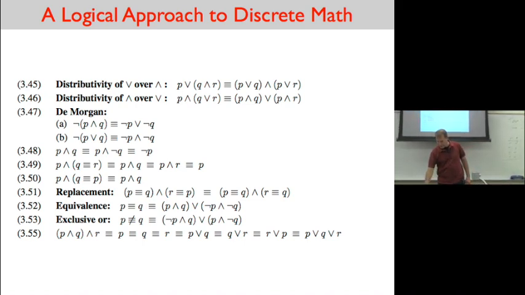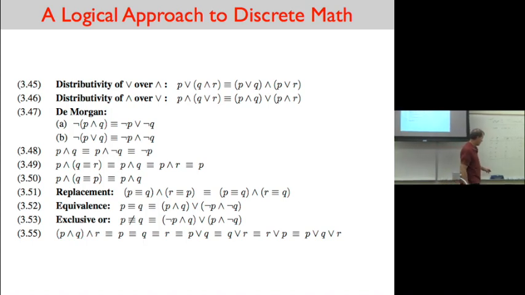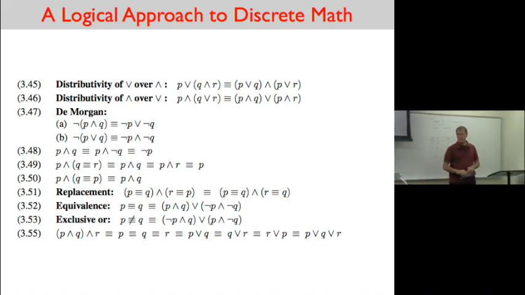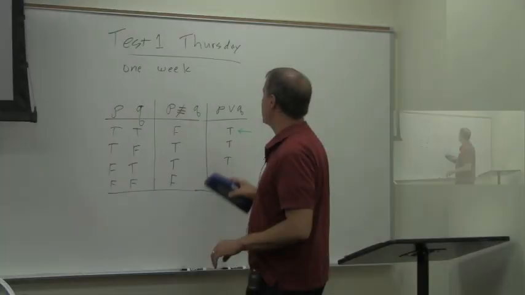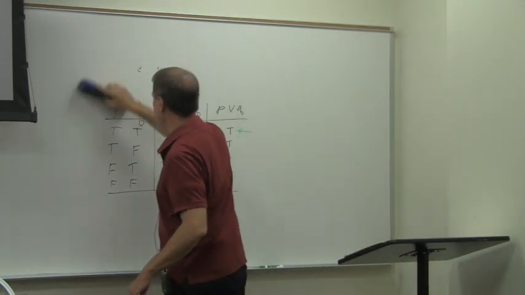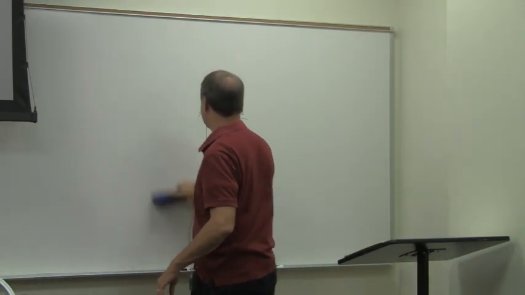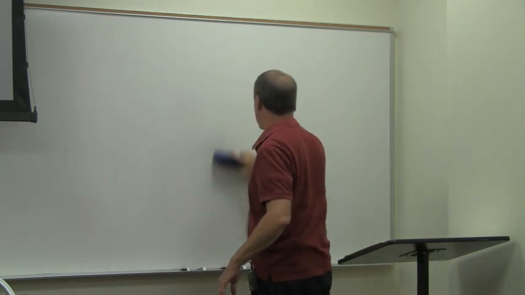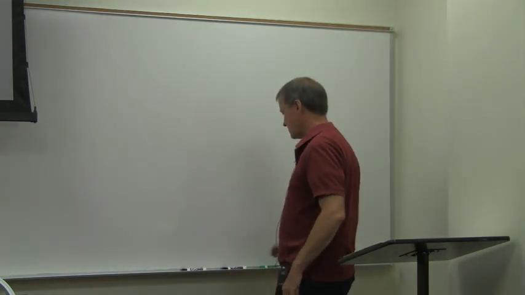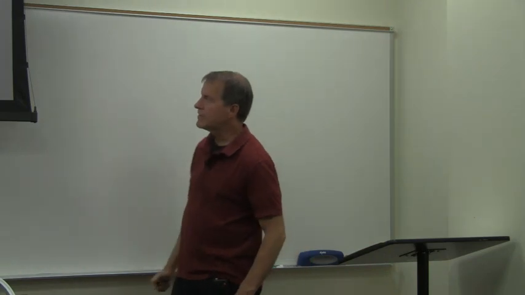Okay, now the homework for next time is all about a new operator that we're going to define now. It's called implies. And we've already done the truth table for it. But here's how it's defined. It is defined by 3.57.